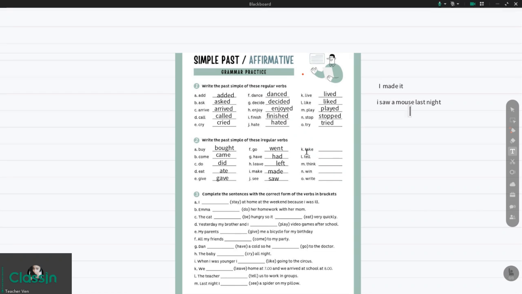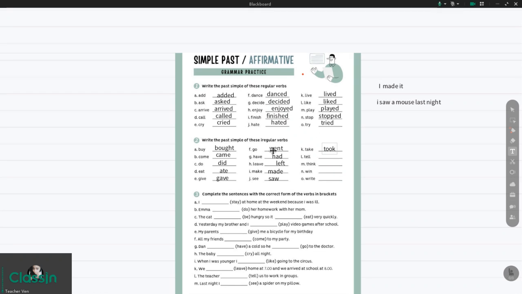For letter K, take. Past tense of take. Simple past is took. So again, notice the spelling changes a lot, right? Unlike with our regular verbs, it's as simple as adding ed or d and it becomes your simple past tense.